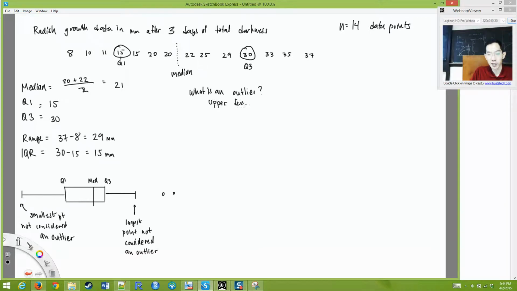The upper fence is Q3 plus 1.5 times the IQR, and the lower fence is Q1 minus 1.5 times the IQR. Anything bigger than the upper fence or anything smaller than the lower fence is considered an outlier.